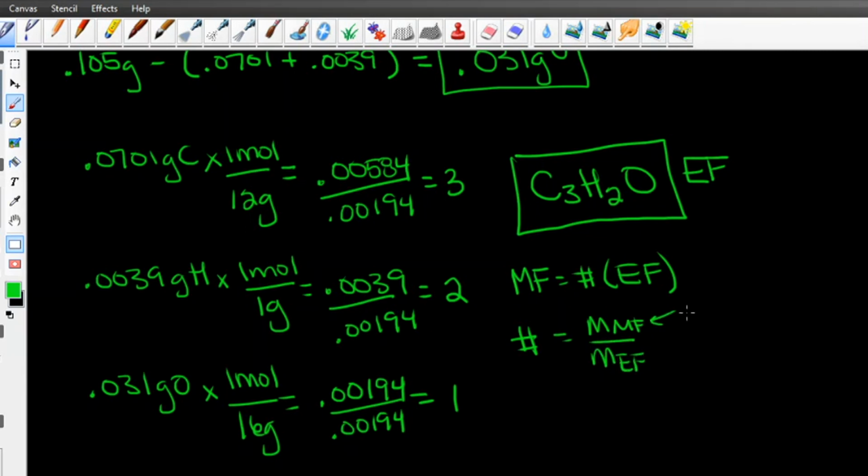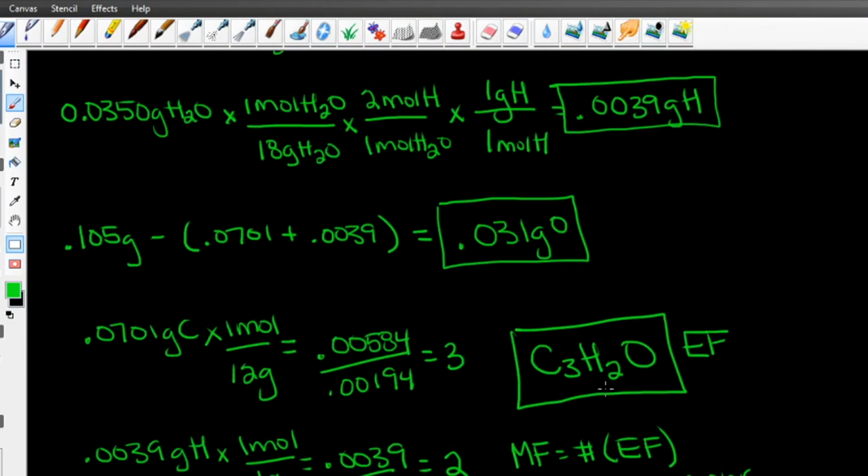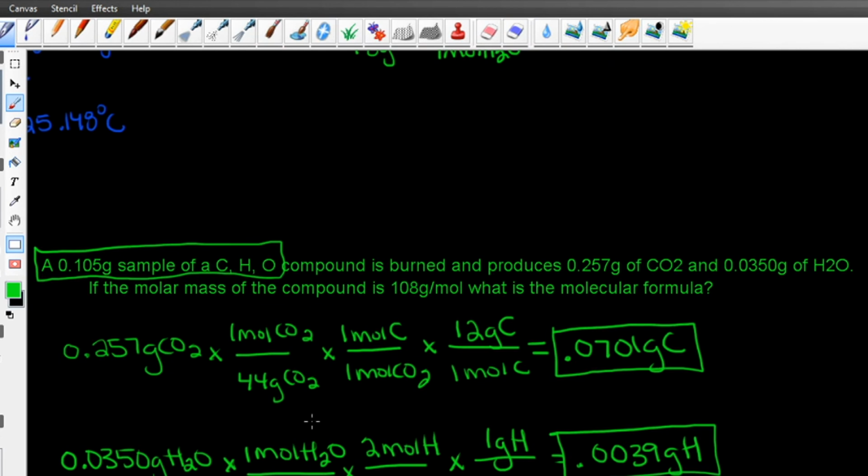You know, this mass of the molecular formula being the true molar mass of the compound, which we could get through, you know, like a boiling point elevation experiment or freezing point depression experiment. There are ways of figuring out the molar mass of an unknown. And so we were given that molar mass of the unknown way back up here at the beginning of the problem. It said that the molar mass of the compound was 108 grams per mole.